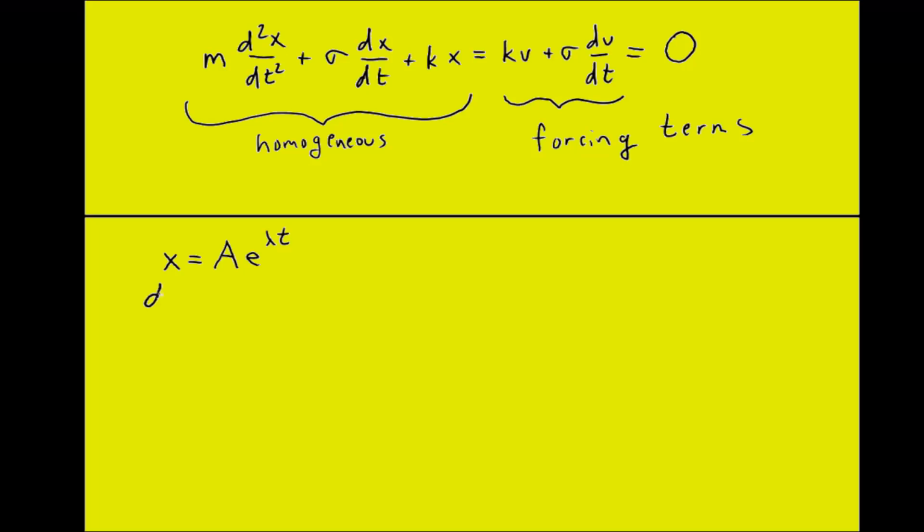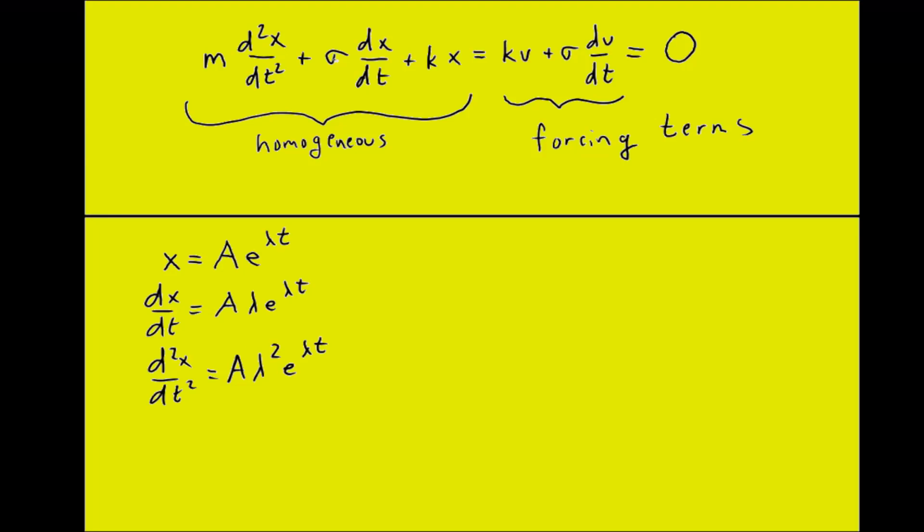To do this, we'll need to know that dx dt is equal to a lambda e to the lambda t, and that the second derivative of x is equal to a lambda squared e to the lambda t.